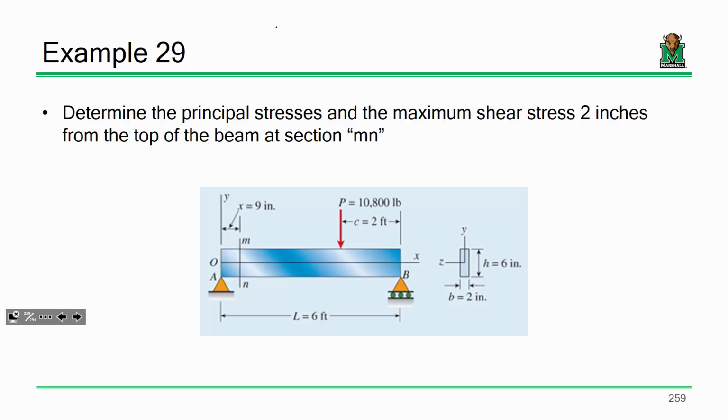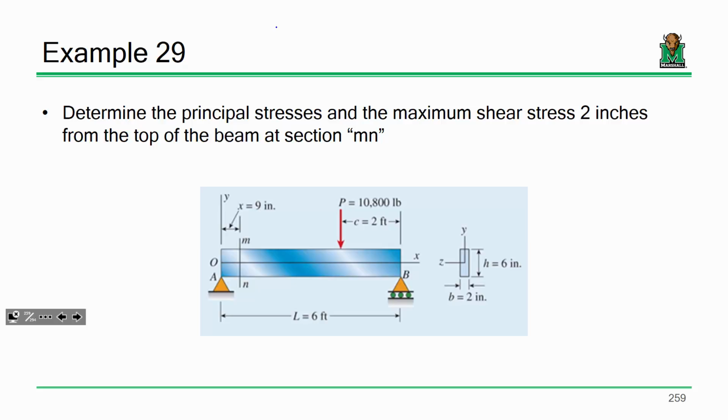Now, what I'm going to do is identify a given point on the cross section. Essentially, we're going to look about right here, 2 inches from the top. At this particular point, we're going to have a bending stress and a shear stress. We're going to determine those using just our basic fundamental equations.